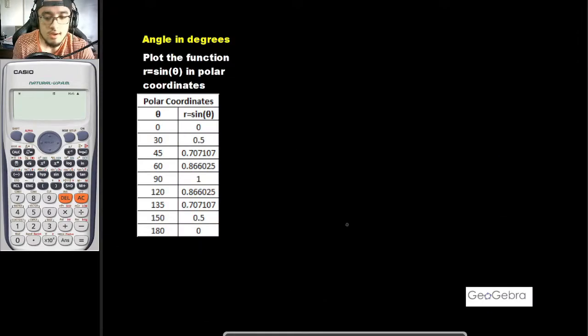So let's plot a function for an example. In this problem, our angle is in terms of degrees. We are to plot the function r = sine theta in polar coordinates. What you would be doing is substituting values into this function to get the value of your r.